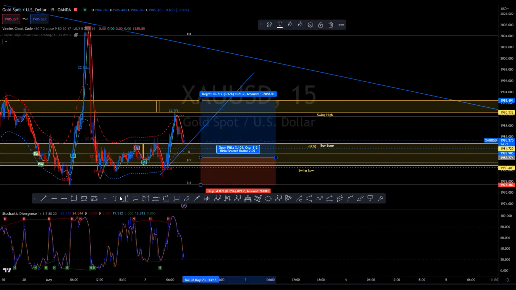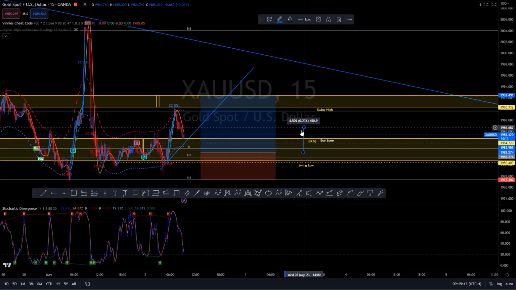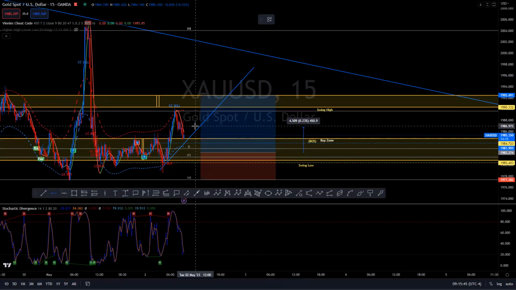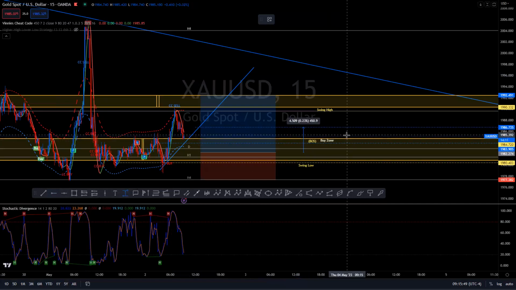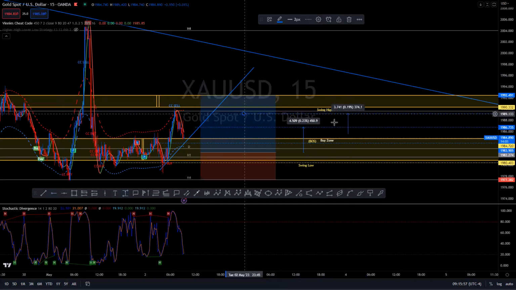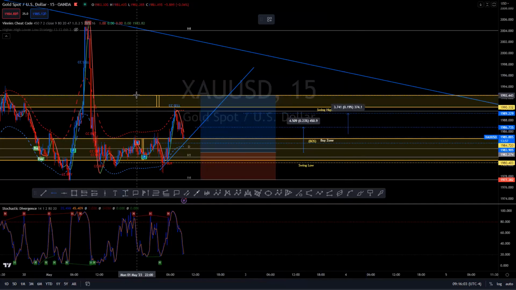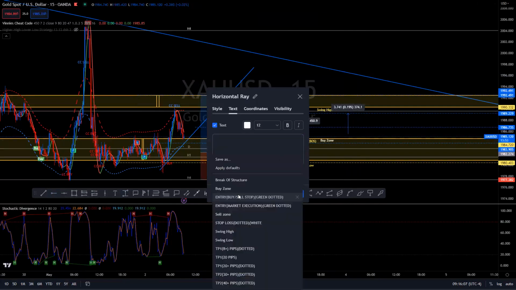So price shoots up from here, up to this point. And then ultimately this liquidity right here, so it's going to be TP1.